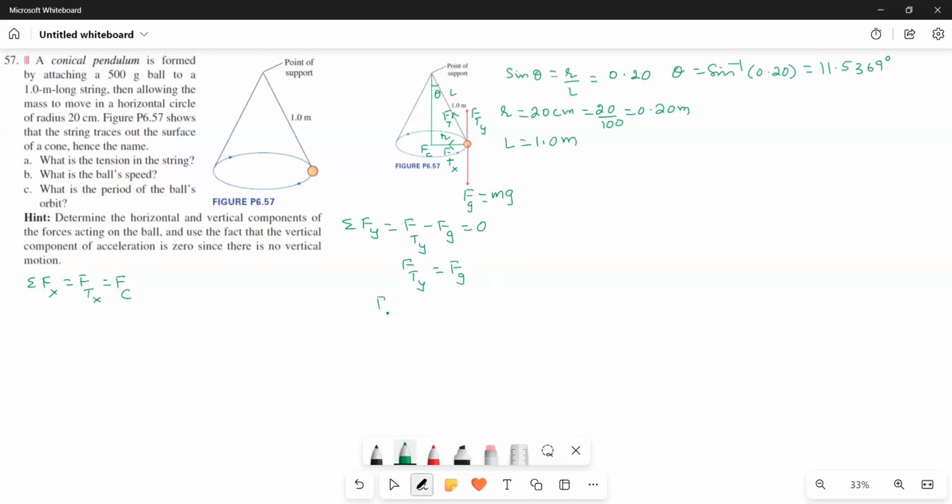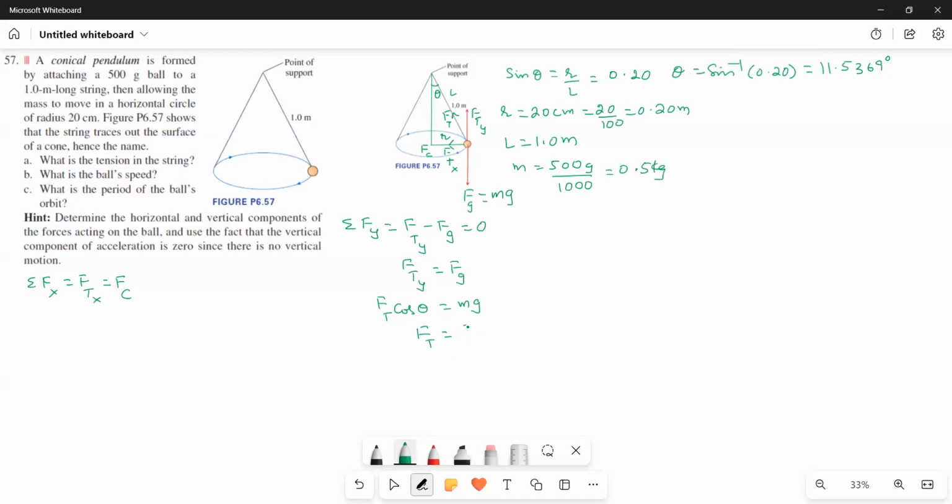So Ft cos theta is equal to mg. Therefore, I will find out Ft from here. Ft is equal to mg divided by cos theta. Mass is given as 500 grams, so m is 500 divided by 1000, which gives 0.5 kilograms.